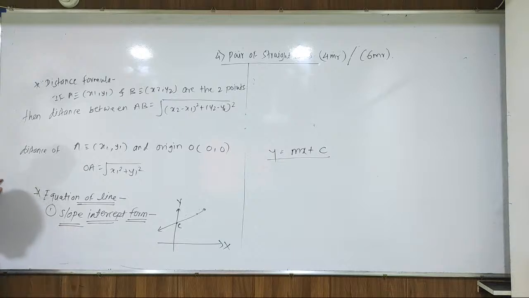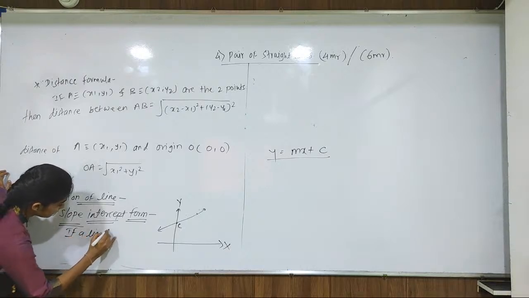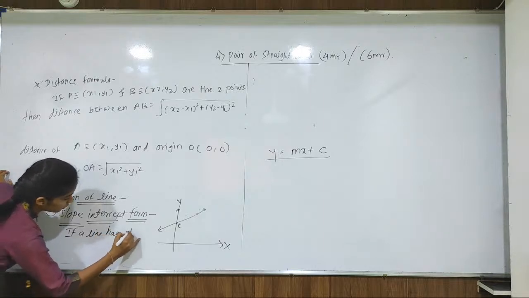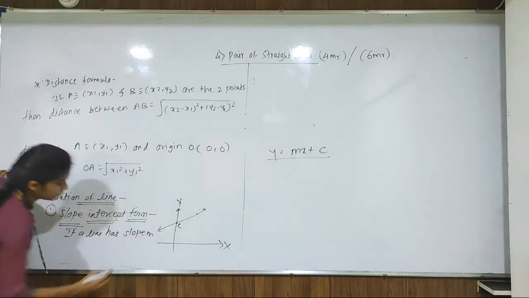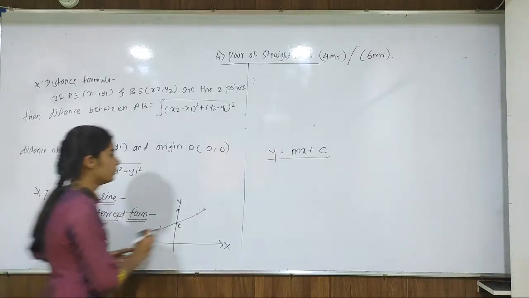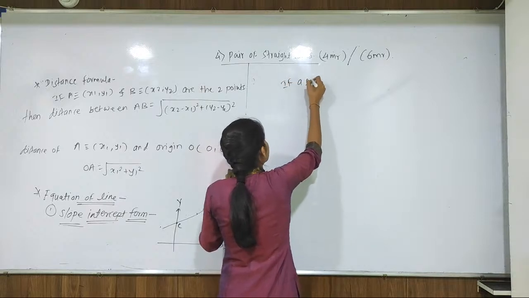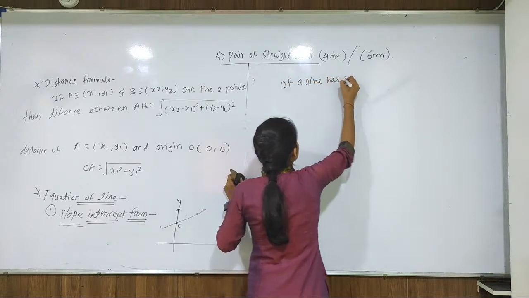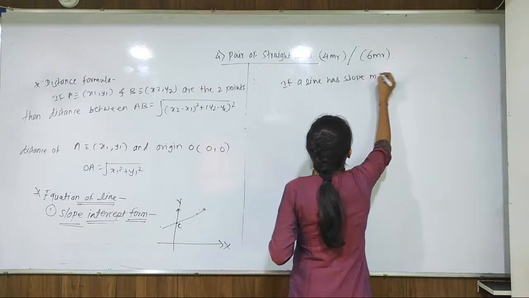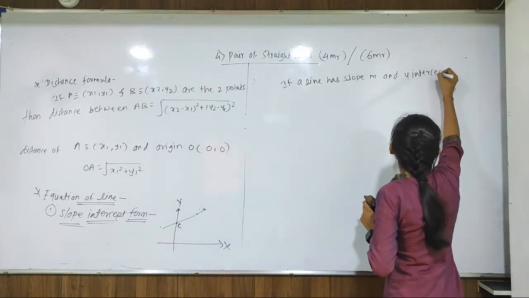So write down here: if a line has slope m and y intercept, intercept म्हणजे काय होतं?